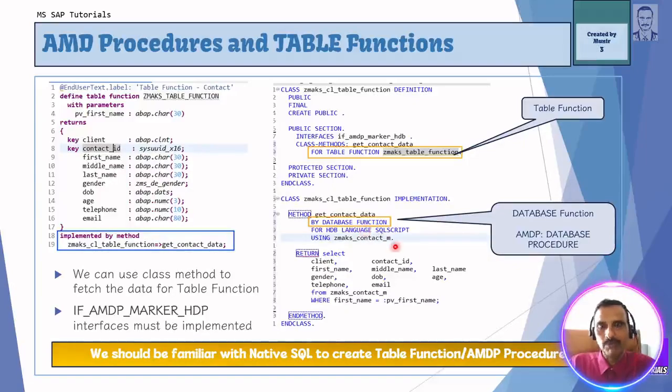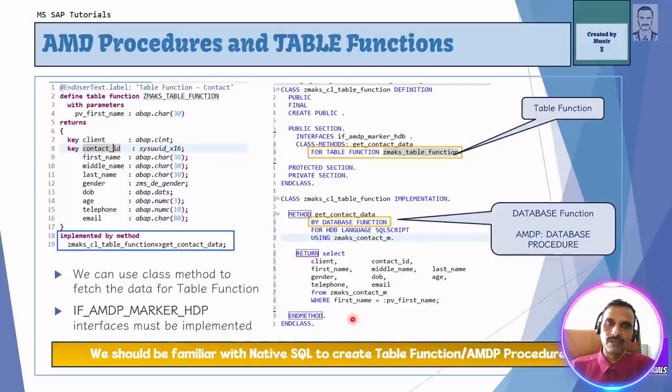For AMDP, we were using BY DATABASE PROCEDURE. HDB means HANA database, and the language is SQLScript. Now, the important thing you need to understand here is that being ABAPers, we will not know the complete SQLScript language.